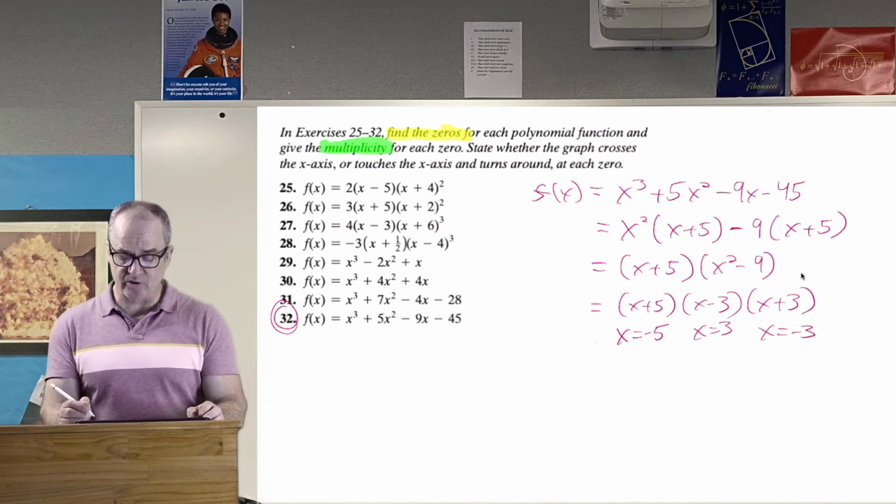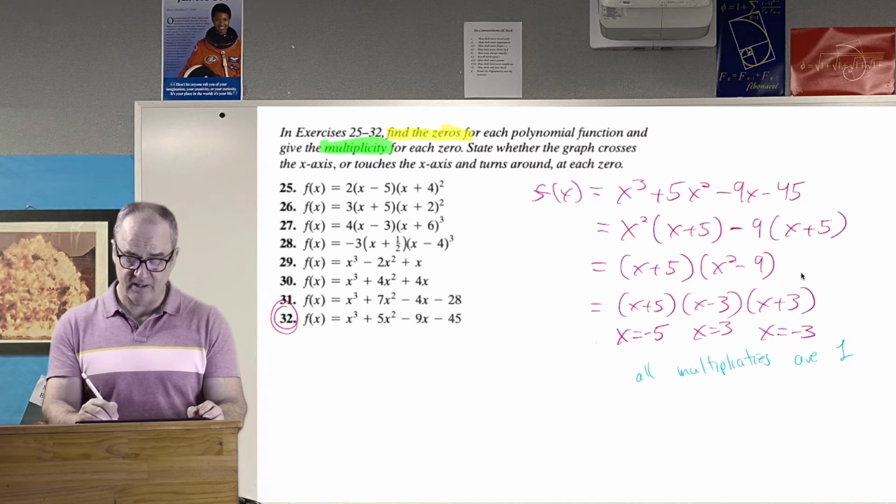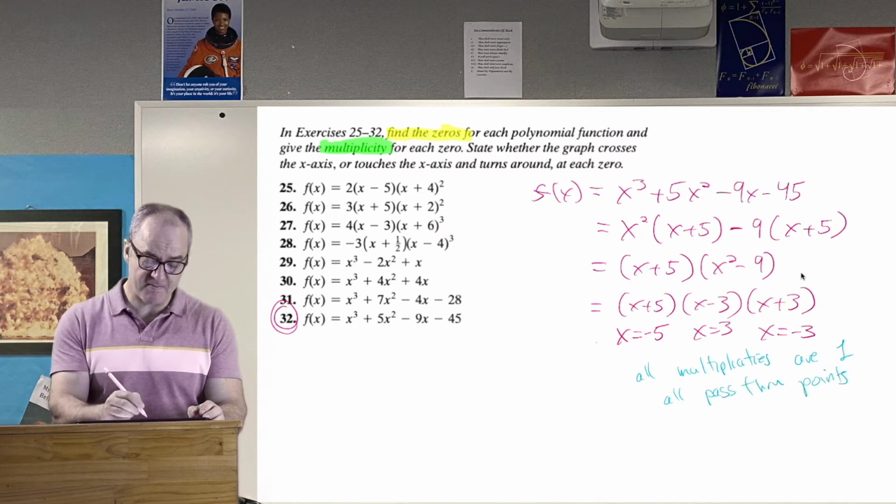Each factor occurs only once, so all multiplicities are 1. All pass-through points. If I wanted to graph it, I would have something like this.